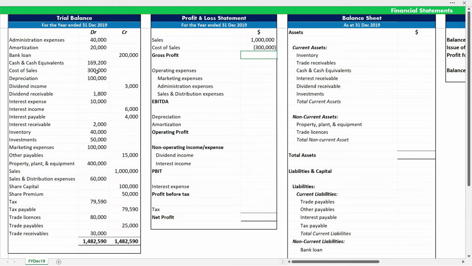And now gross profit has to be sales minus cost of sales, but since my cost of sales is already a negative value, I can simply sum these two values to find my gross profit, which is correctly calculated at $700,000.